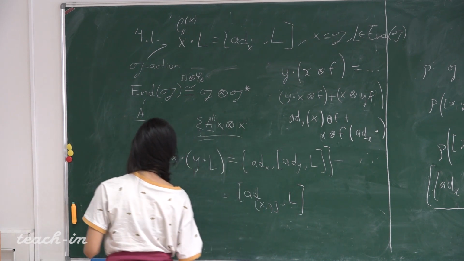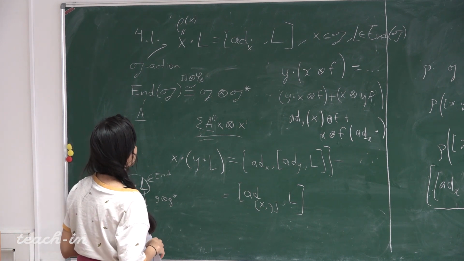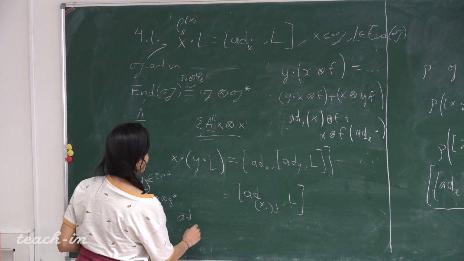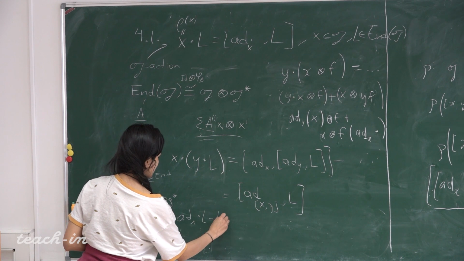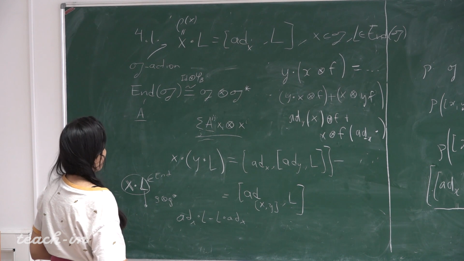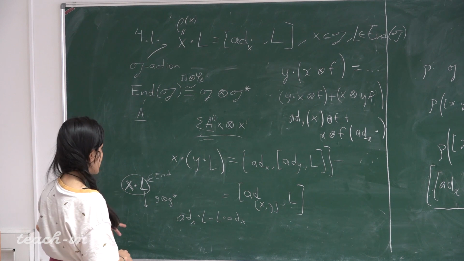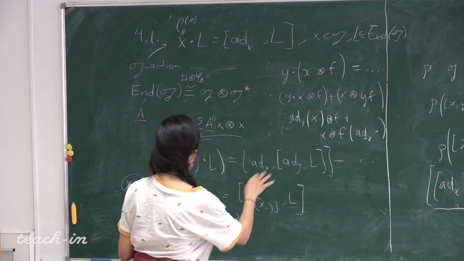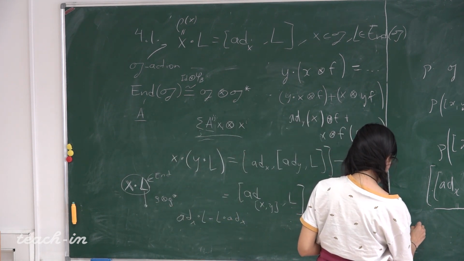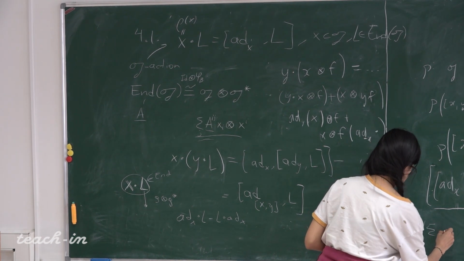So we have this action x on L. It's given by this thing. We want to see that this endomorphism coincides with this one, which was like, let's try to think if we can write this L this way.